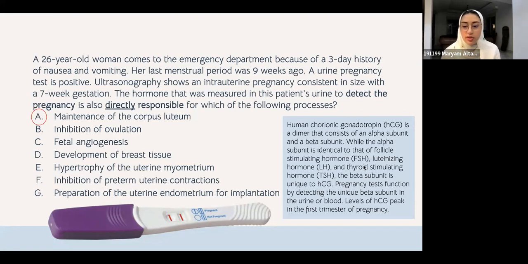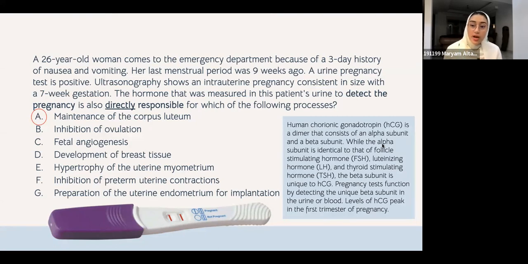Why? Because if I'm detecting the alpha, it's the same as LH, FSH, TSH, which is not what I want. So the pregnancy test is detecting this beta subunit, and levels of HCG peak in the first trimester of pregnancy. This is basically the purpose of HCG. It maintains our corpus luteum to continue to produce progesterone. Because if that doesn't happen, what's going to go on? Our progesterone is going to fall, and then we're going to have the start of menstruation.